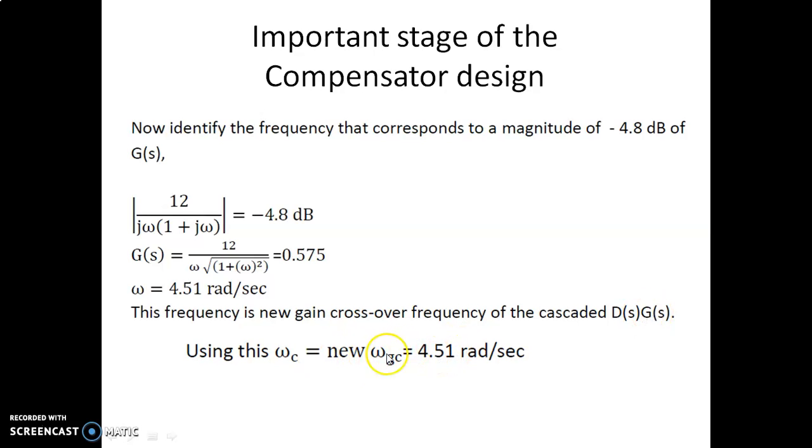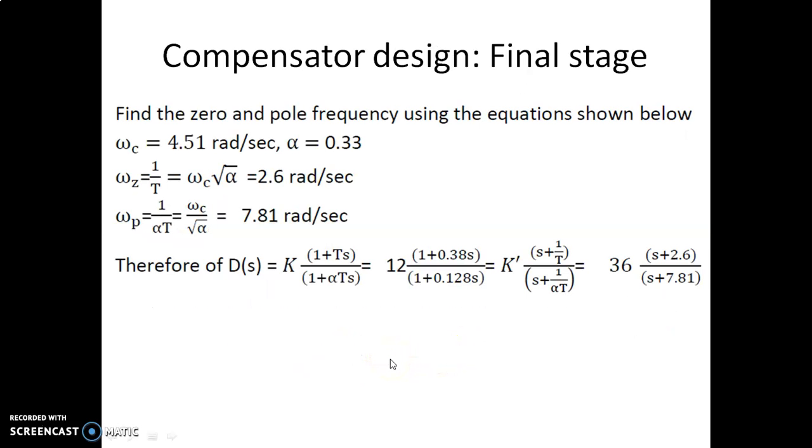Using this new gain crossover frequency, we can find out the zero and pole position of the phase lead network, which happens to be 2.6 radian per second and 7.81 radian per second. This is the time constant representation, and this is the pole zero representation of D(s).